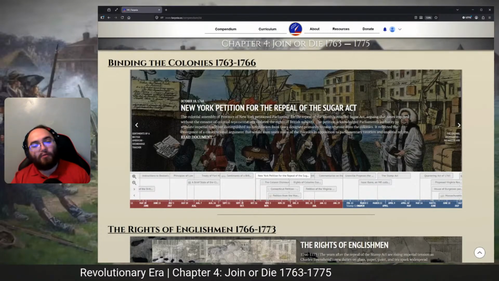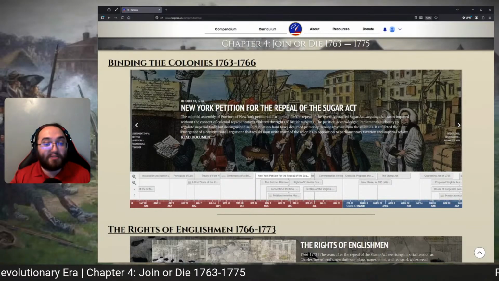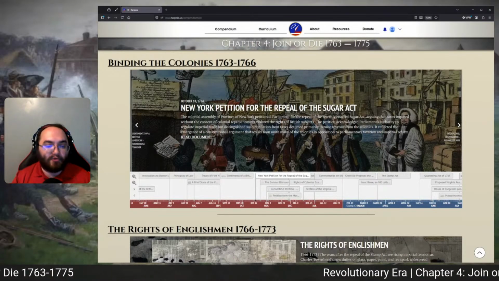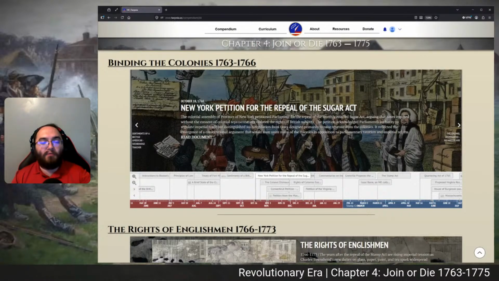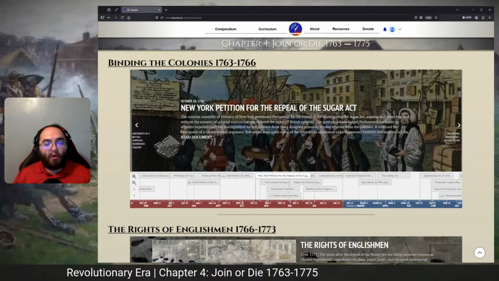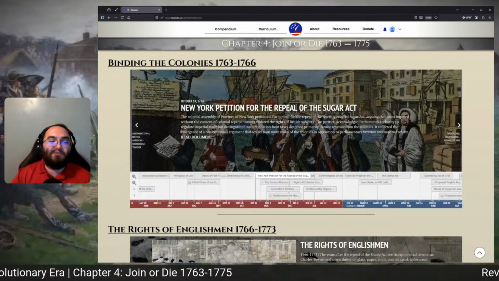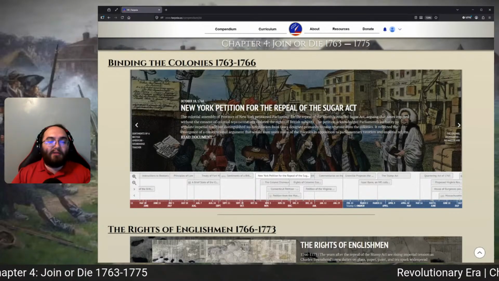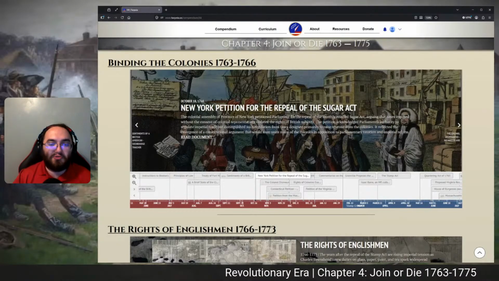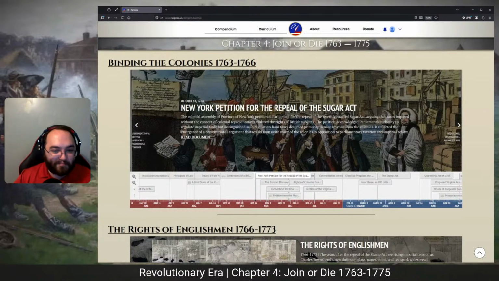So Parliament cannot argue, at least for New York, that New York did not pay its fair share in the French and Indian War, therefore justifying these taxes, when Parliament recognized during the war that New York contributed above and beyond what was required of them for the war effort.